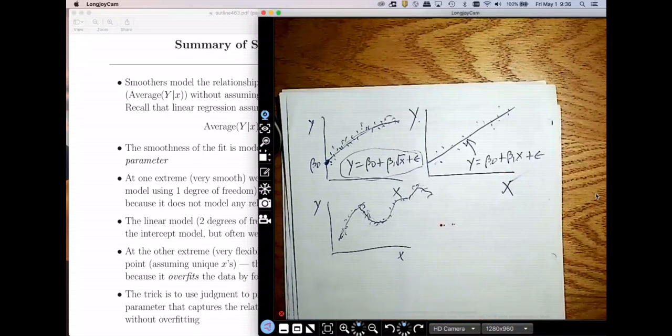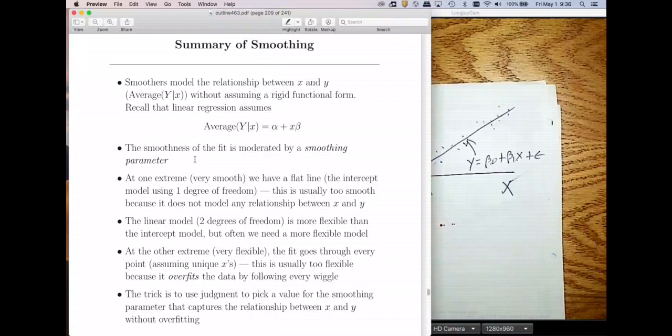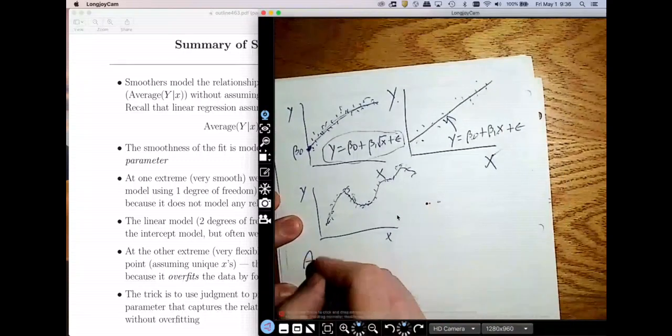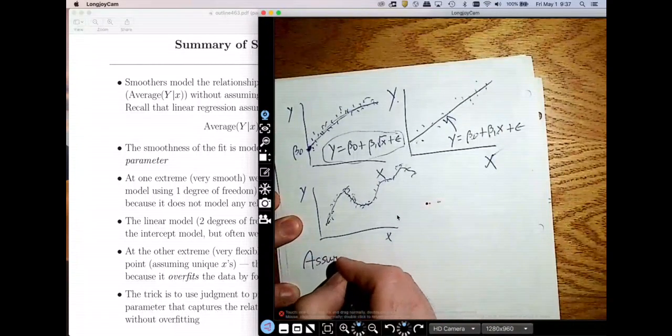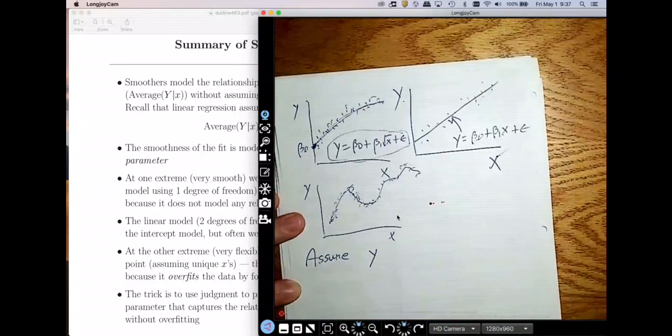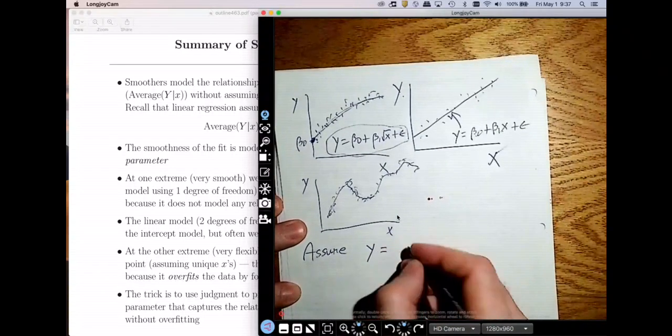All right, so let me describe the model as well as how these methods work at a high level. So here's my model. I'm going to assume that my y's have been generated as follows.